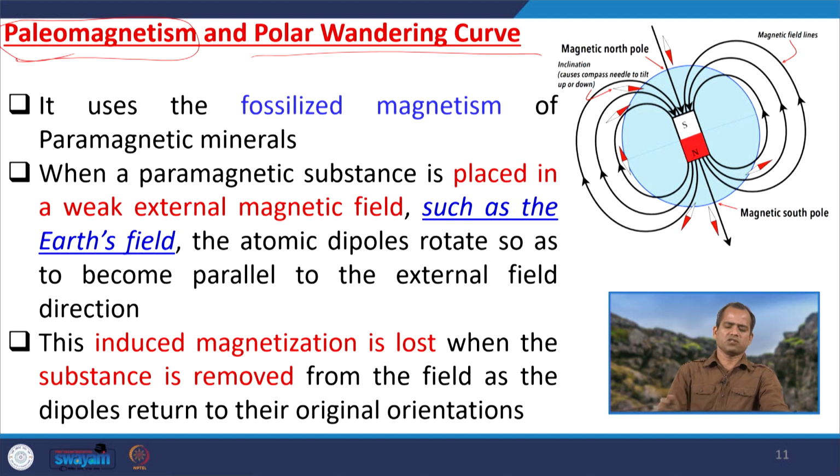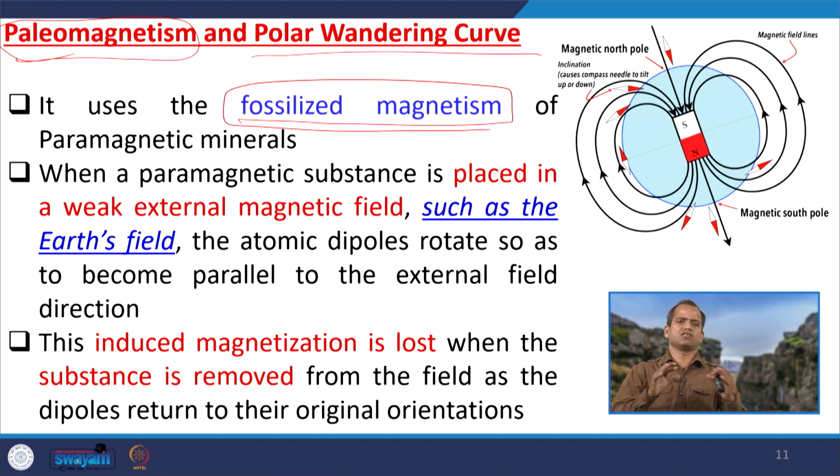So, what is this fossilized magnetism? Now imagine we have a globe, the earth, with north and south geographic poles, and we have magnetic poles also. As the magnetic poles exist, we have magnetic lines of force.